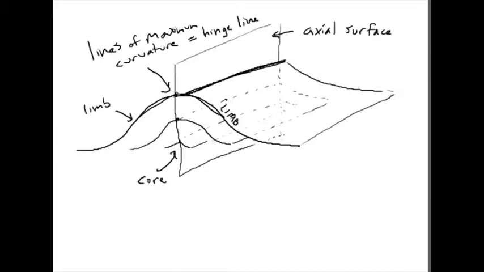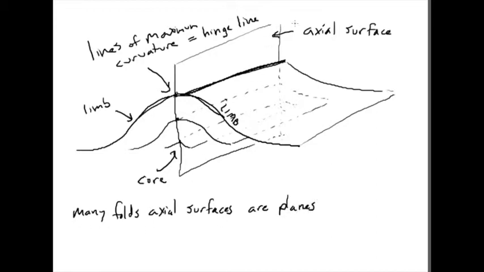So many folds are what we call axial planar. So let's write that down. Many folds' axial surfaces are planes, but this isn't necessarily the case.